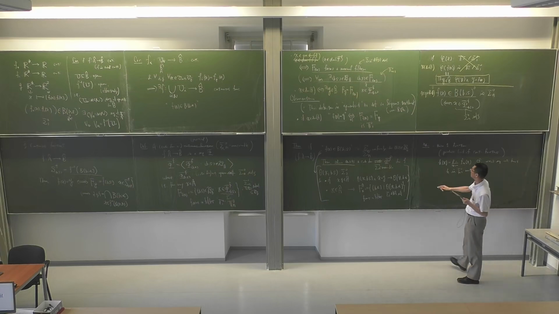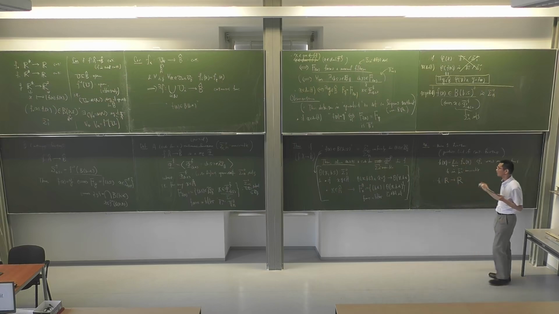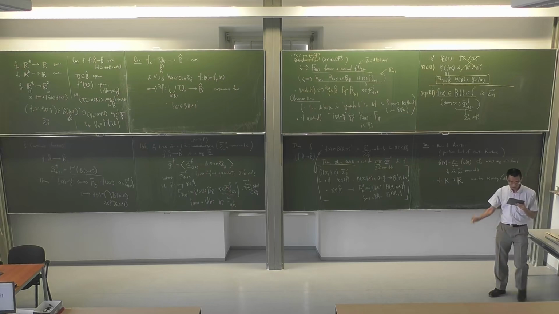Or, if h is a function from real to real which is monotone, increasing or decreasing, then this is also sigma 2 measurable.